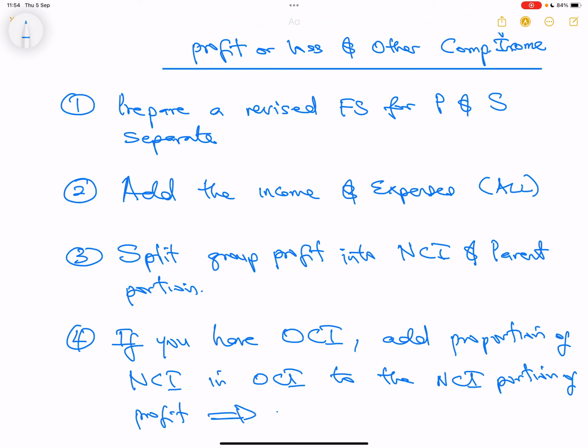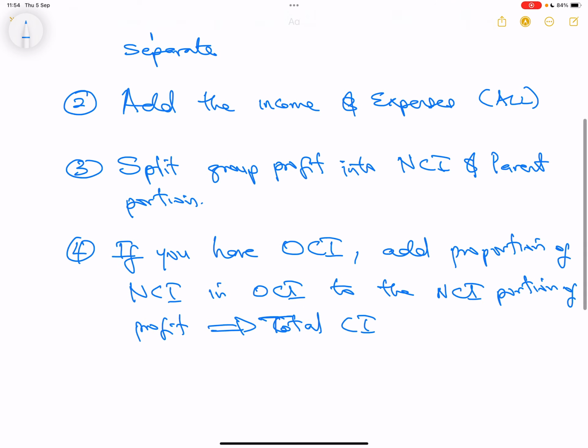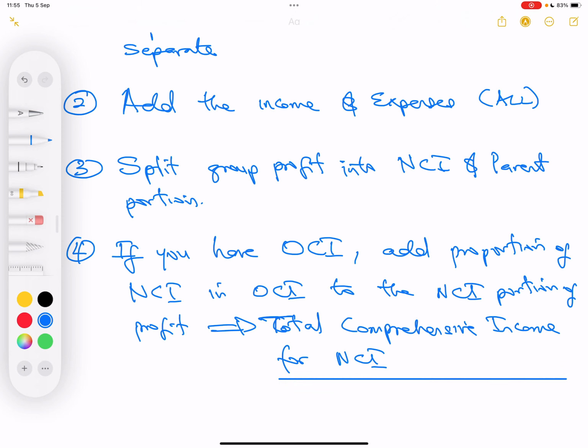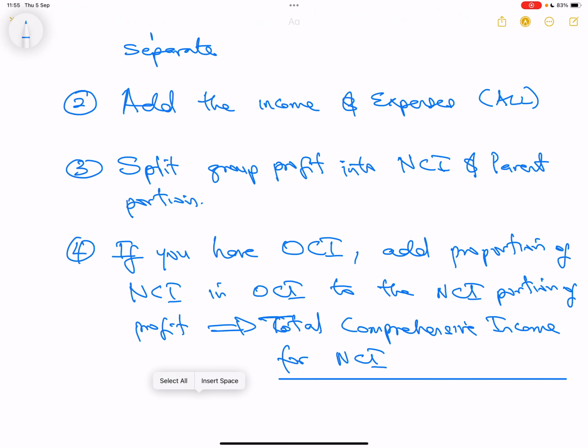That's what will give you the total comprehensive income for NCI. So that's the 4th step: calculating the total comprehensive income for the NCI, and invariably the balance will be the total comprehensive income for the parent, which is similar to step 3.